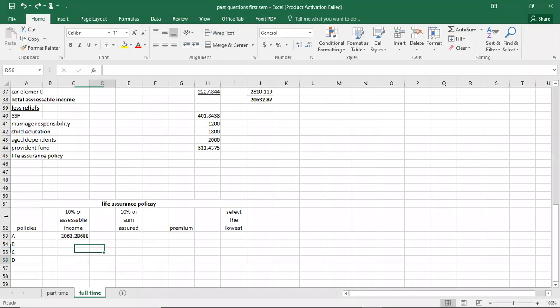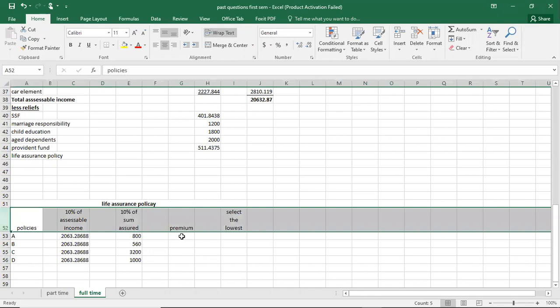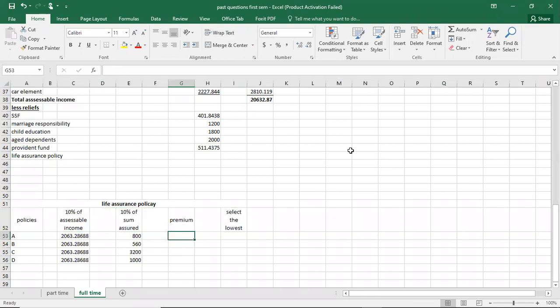Then the premiums that they said they will give you: policy A is 840, policy B is 480, the next one is 3350, the next one is 1050.